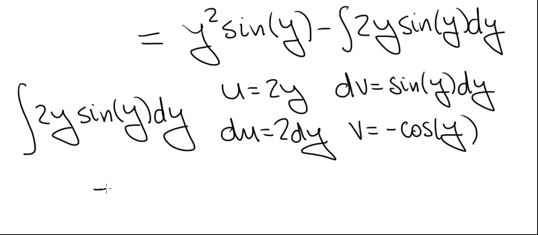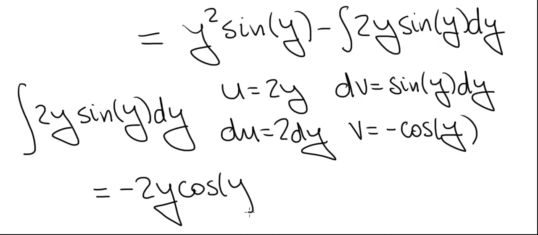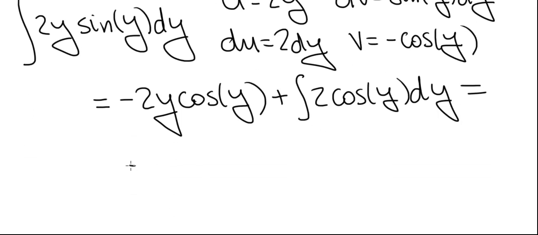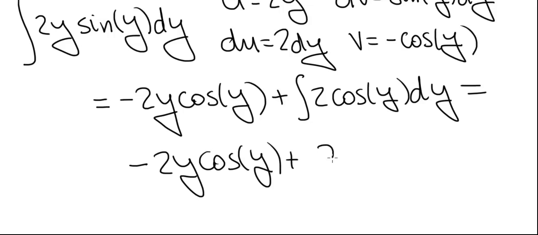Now this integral equals its u times its v, so that's minus 2y cosine of y, minus the integral of v du, but notice that v has a minus, so this will be plus the integral of 2 times cosine of y dy. And we can evaluate that integral because it's just the integral of cosine. This is minus 2y cosine of y plus 2 times the sine of y.